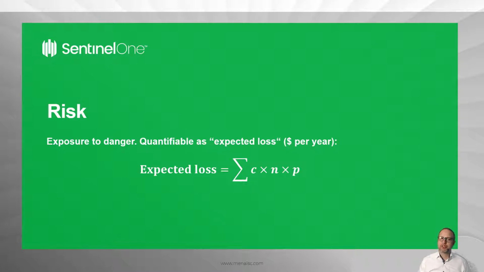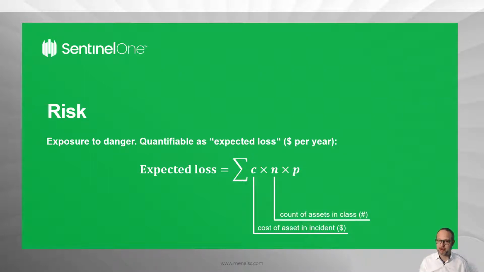And that means there's risk. And risk is the exposure to danger, and it can be quantified. And everybody, I think, is aware in our profession of what a risk function is. So I'll just quickly recap. You can quantify it as an expected loss. So basically, if you operate a compute asset, you will have a cost of that asset in an incident of a particular sort. And then you will have a number of these assets, so you can multiply it with that.